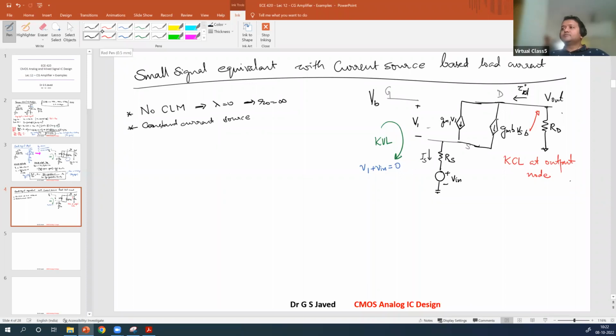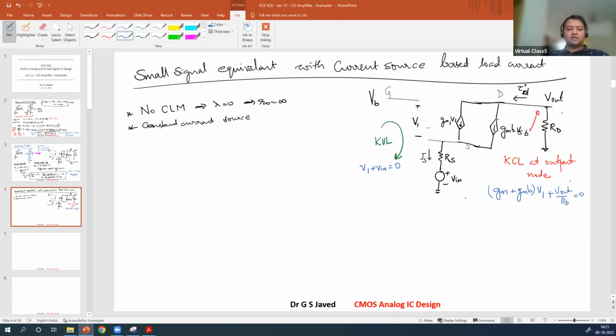What else? When you apply KCL, I will get (GM plus GMB) times V1 is equal to minus V out by RD. Or you can just keep it here and say V out by RD equal to 0.